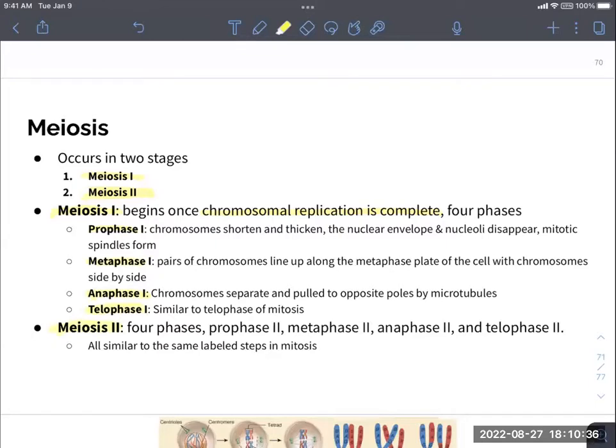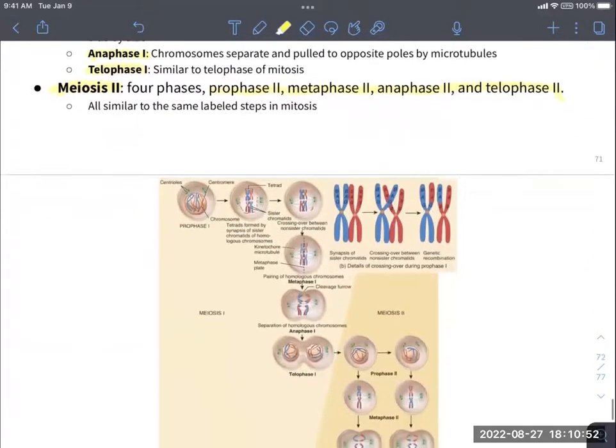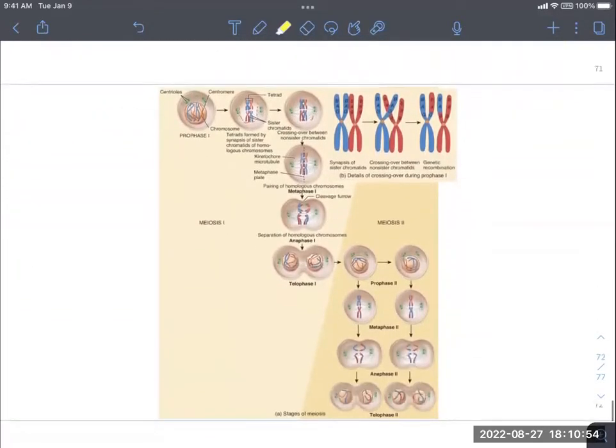Meiosis 2 has 4 phases as well: prophase 2, metaphase 2, anaphase 2, and telophase 2. They're similar to the same stages of mitosis. So what happens in meiosis is we go from 1 cell to 4 cells. That's where meiosis is different. We go from 1 cell to 4 cells versus mitosis, we go from 1 cell to 2 cells.